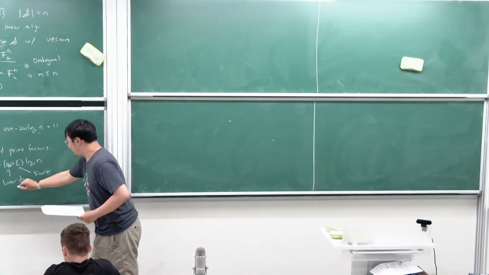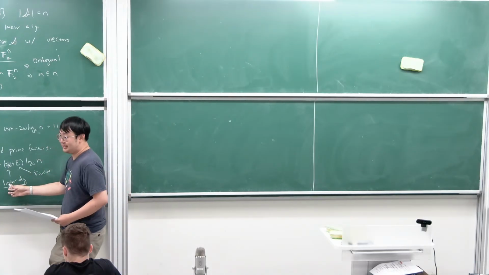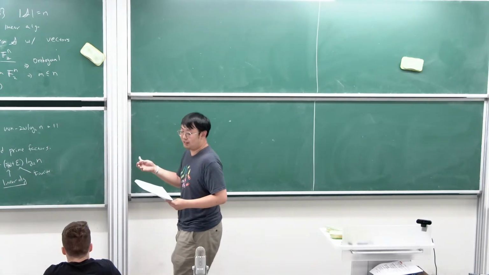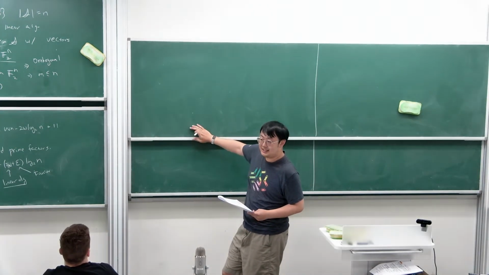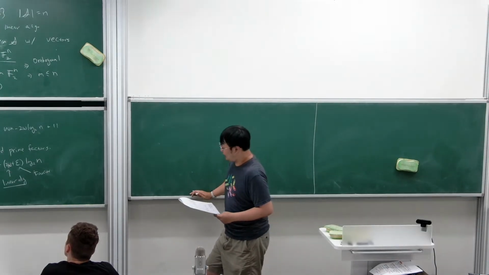I will go through how to do the linear algebraic part and briefly mention how to do the Fourier part. Before that, are there any questions? So let's get started.